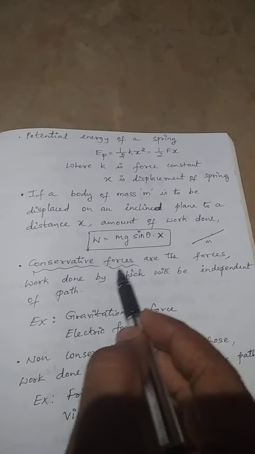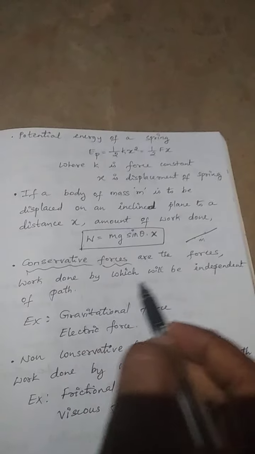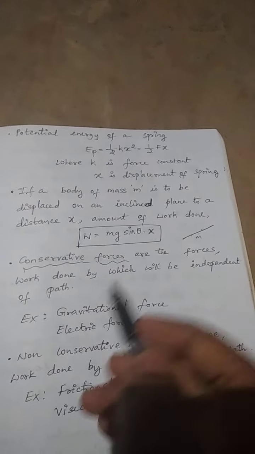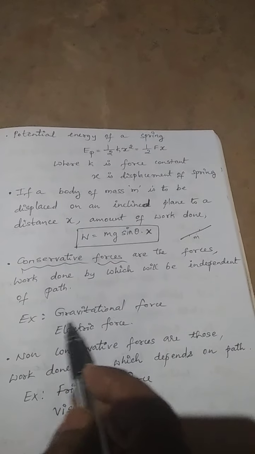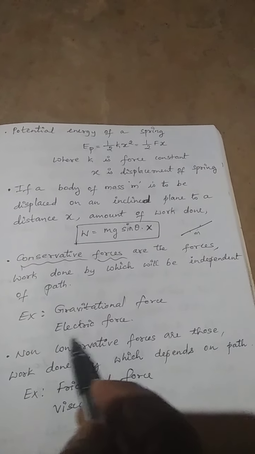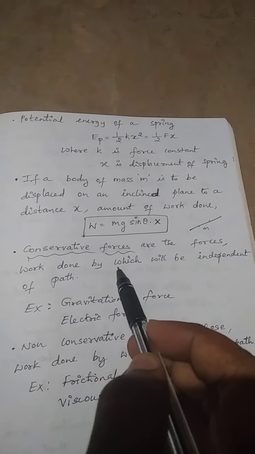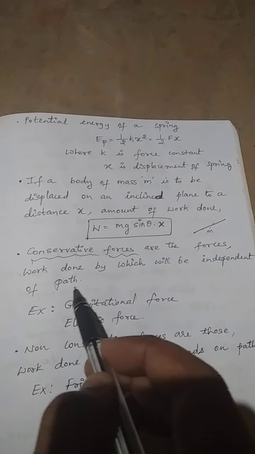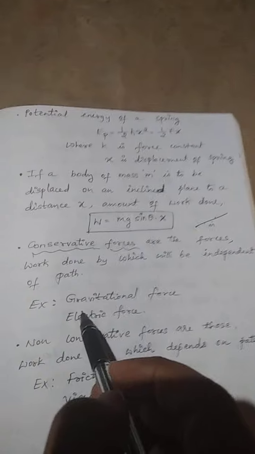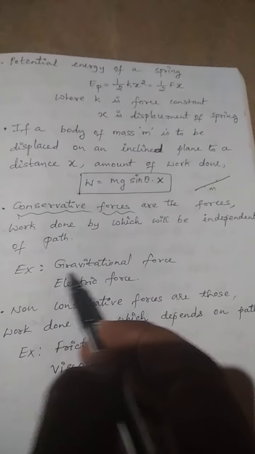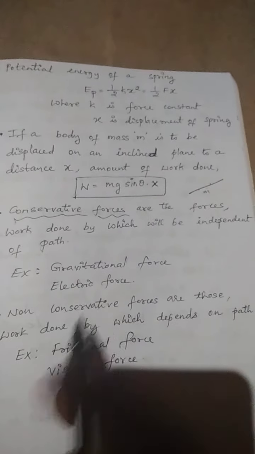The forces which do work, those works are independent of path. Examples: gravitational force, electric force. These things you have studied in your theory part, so I will not explain as theory. For the time being, just remember example: gravitational force and electric force.